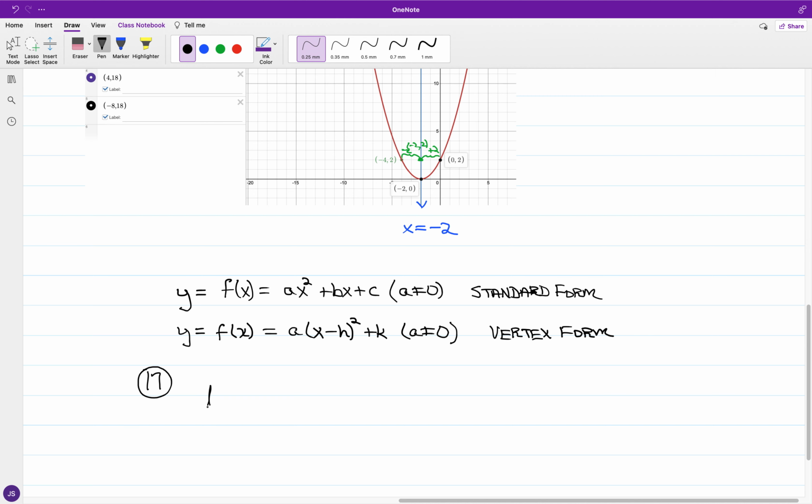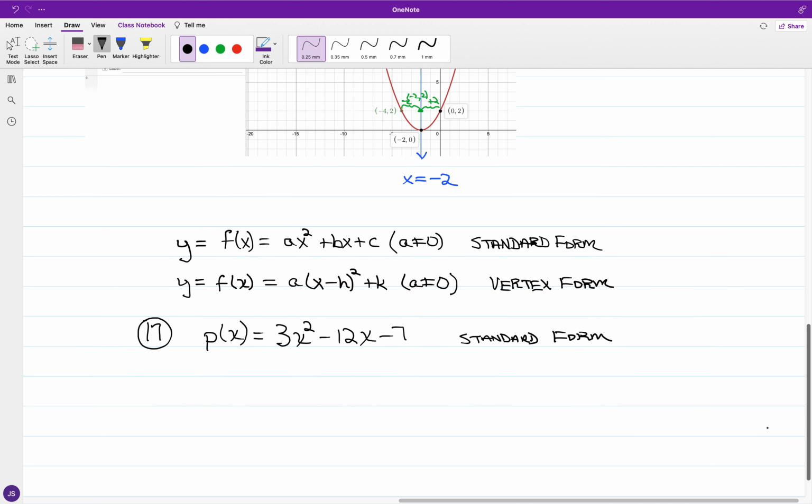We have the function p of x, another way of saying f of x or y, and p of x is equal to 3x squared minus 12x minus 7. Again, this is going to be the standard form.